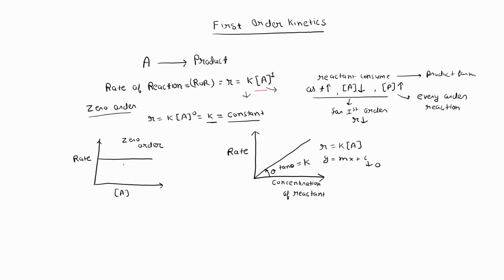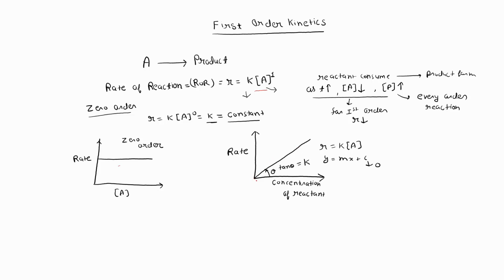Whereas in the zero order reaction, rate is constant because it is equal to rate constant, which is a constant value if temperature and pressure are constant. Okay. So if reactant concentration increases, then rate increases. If reactant concentration decreases, then rate decreases.